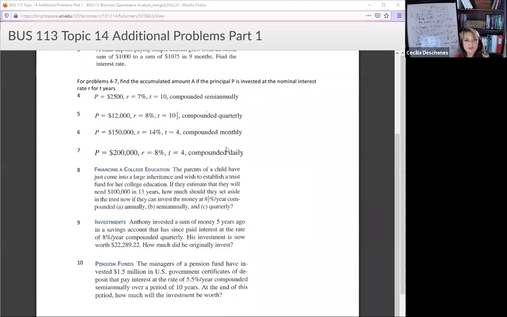All of these problems seem to be straightforward. We have different principals, different rates, different amounts of time, and different conversion periods. So we're just going to go ahead and solve these. Let me erase the whiteboard here and let's crank through these, just to make sure we're all good and solid on doing these calculations.